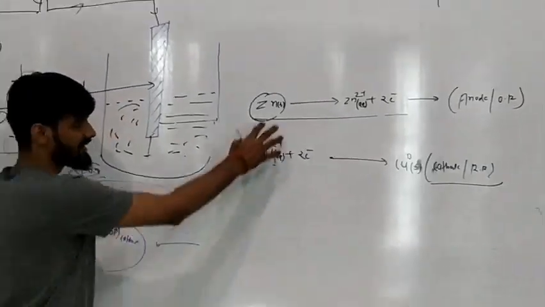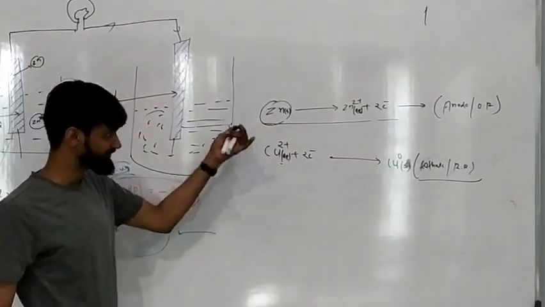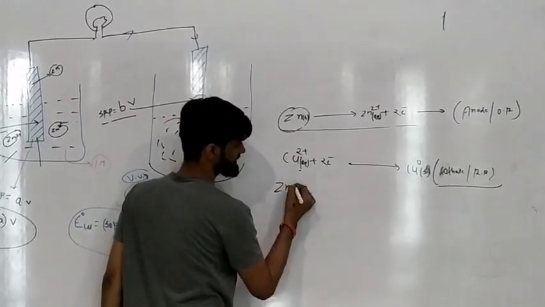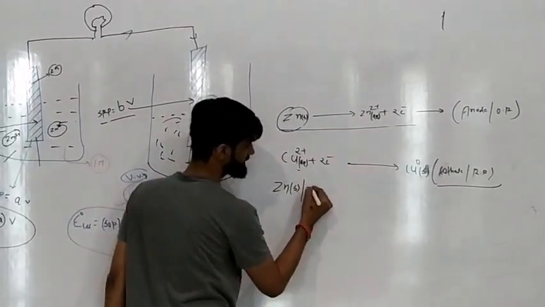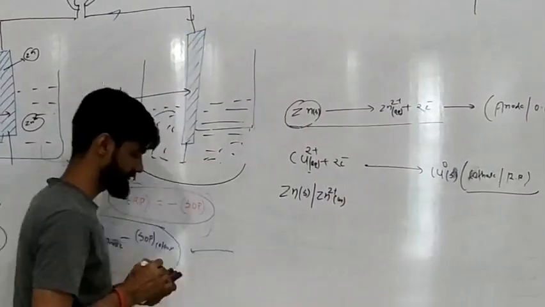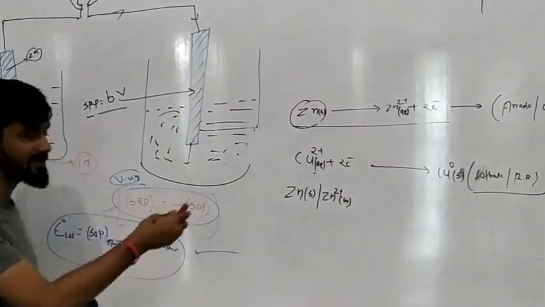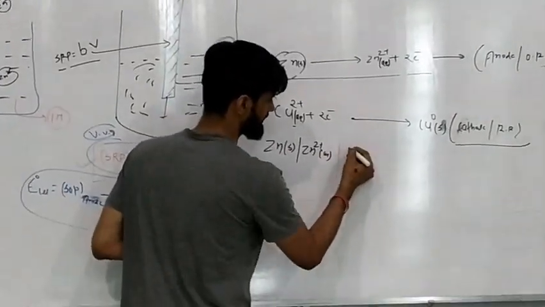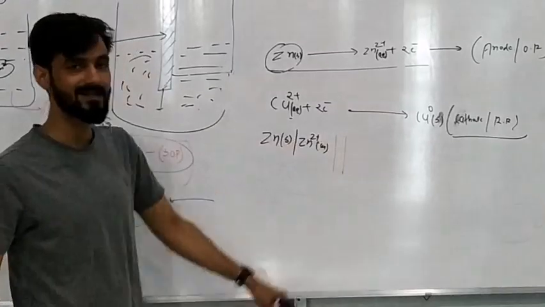Now, how will we note these things? Zn solid will be written in this form, then Zn2+ aqueous. I am writing the whole notation first, and after that I will define everything categorically. Second, these two lines will be given.